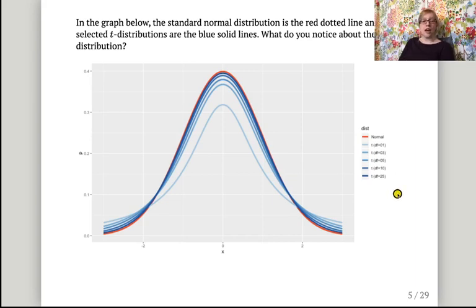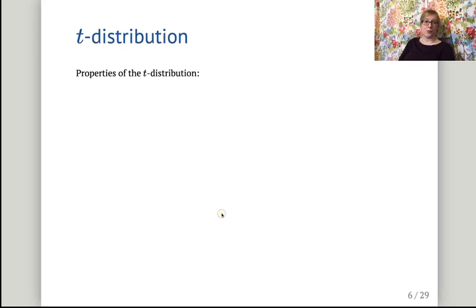The bigger that sample gets, what do we notice? Well, the dark blue lines are really close to the normal distribution in red. So for large samples, the t and the normal distribution really aren't that far off. However, for small samples, the distribution's wider on the ends and shorter in the middle.